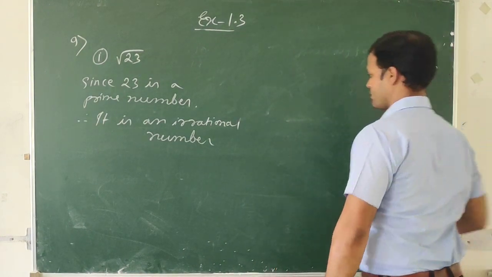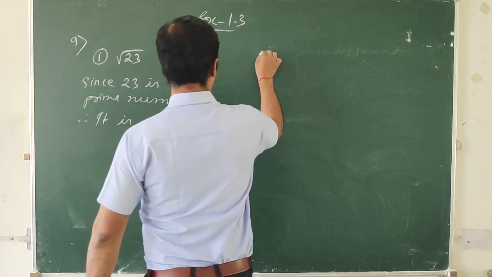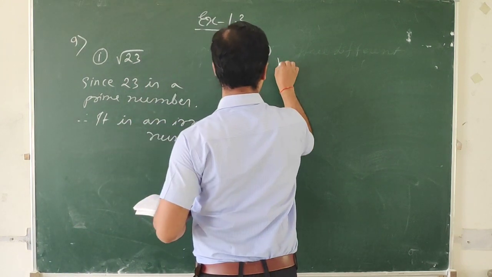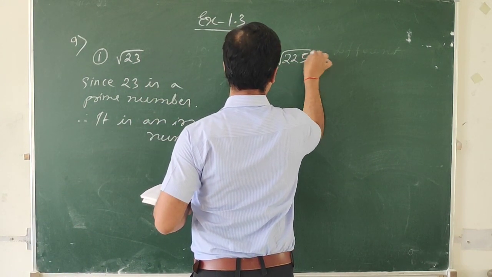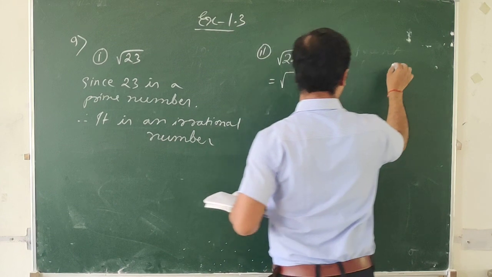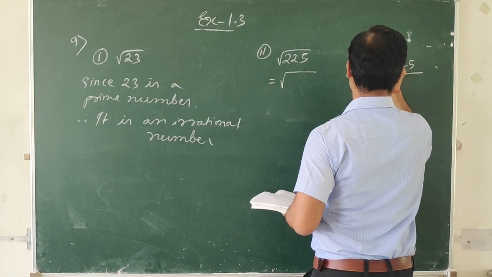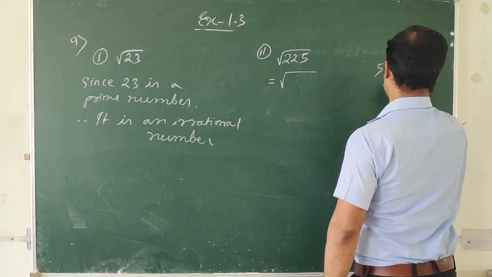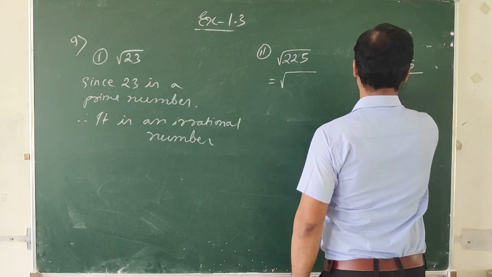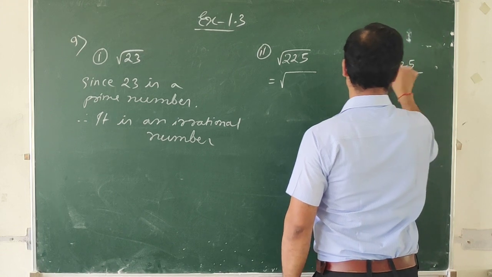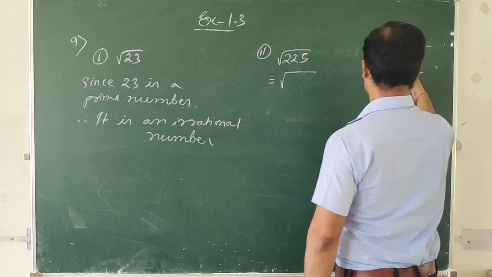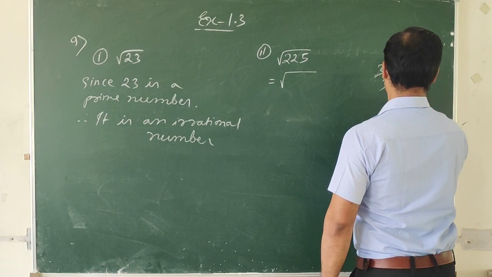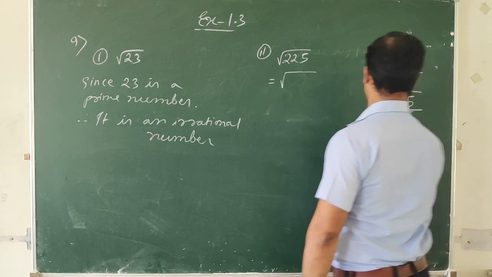So again, number 2 you see, root over 225. Root over 225, you find out the factors. So 5 times 45, 3 also you can do, 3 times 75.